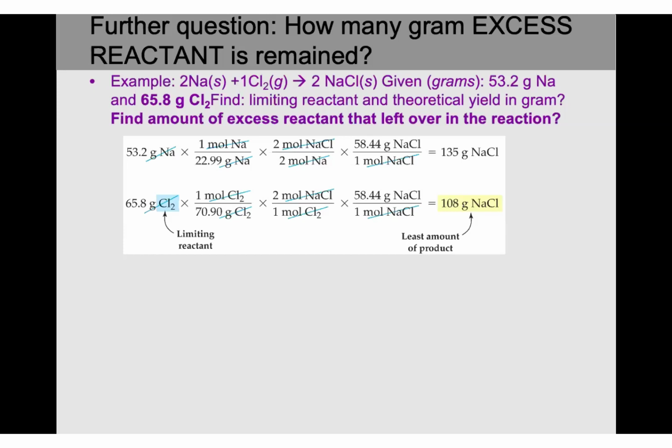So we already see that, because chlorine is producing the least amount of product, 108 compared to 135, Cl2 is the limiting reactant, and 108 grams is my theoretical yield.